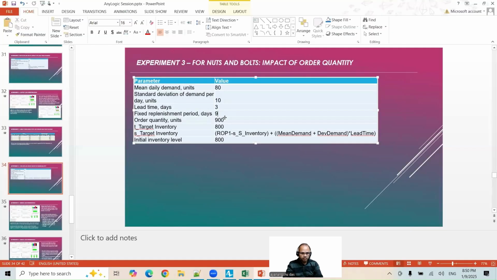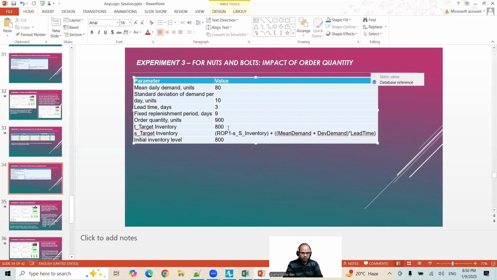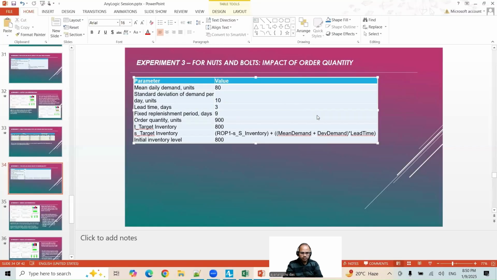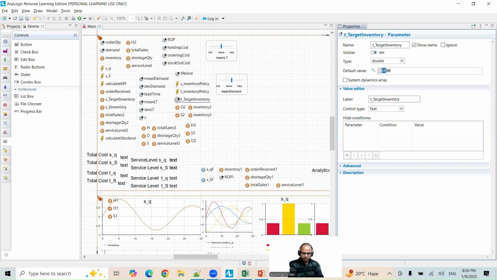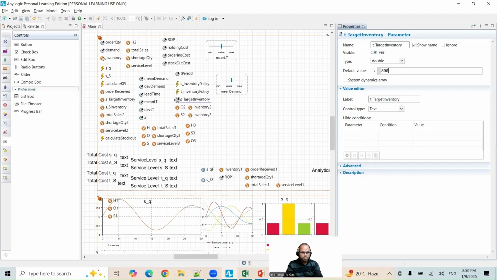And then the order quantity is 900, and then the target inventory is 800. And then the S target inventory is calculated likewise, and initial inventory is 800.